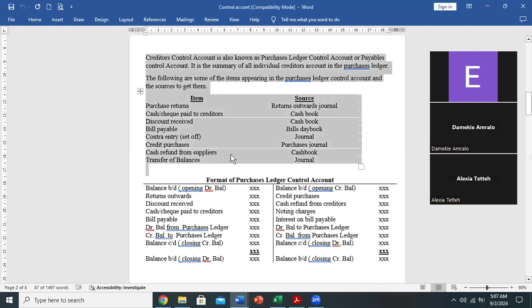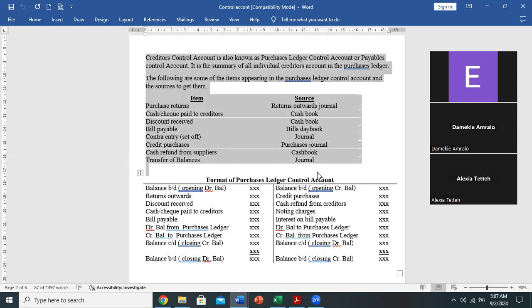Creditors control account is also known as purchases ledger control account or payables control account. It is the summary of all individual creditors accounts in the purchases ledger. The following are some of the items appearing in the purchases ledger control account and the sources. So we have the item and the source.